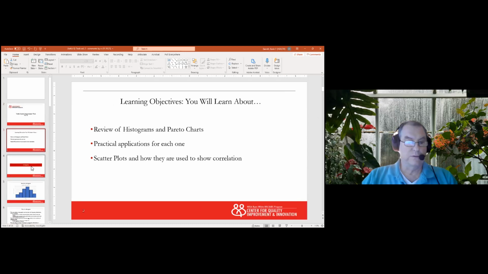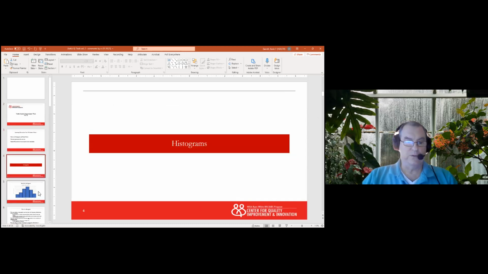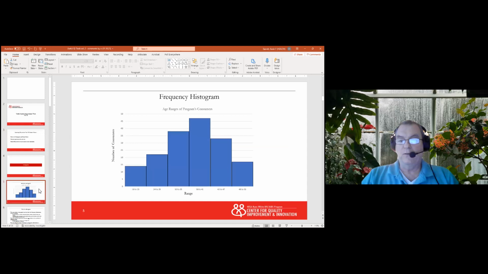So without any further ado, let's talk about the histogram first. Hopefully everybody has seen something like this. In this case, I chose an example of the age ranges of a program's consumers. You could use this for so many things, but if you notice a couple of things, number one, there are these big bars, and they're kind of pushed together.